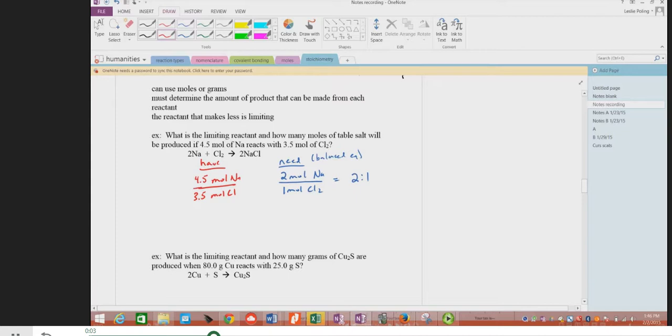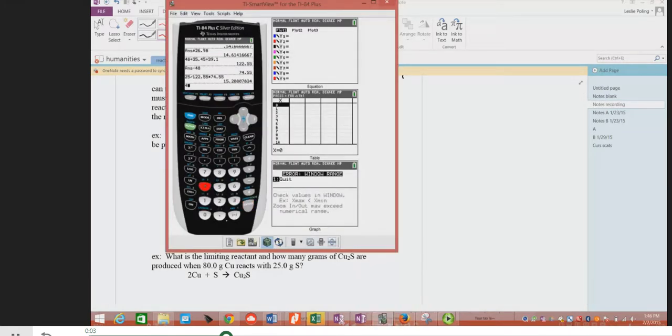Now, you can tell right away, without even doing it in the calculator, that this is going to be less than 2. As a matter of fact, 4.5 divided by 3.5 is 1.29.